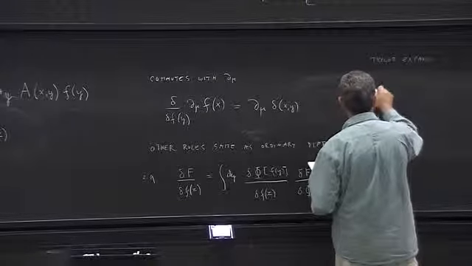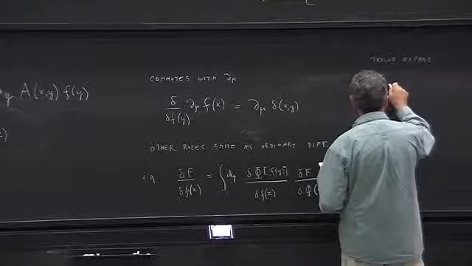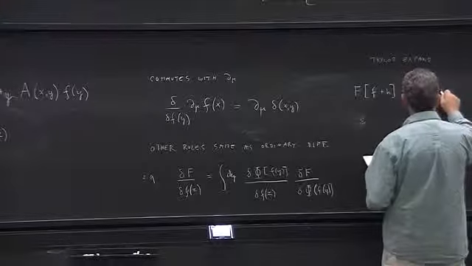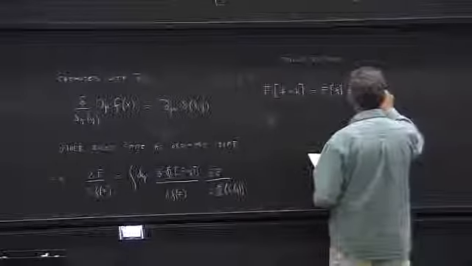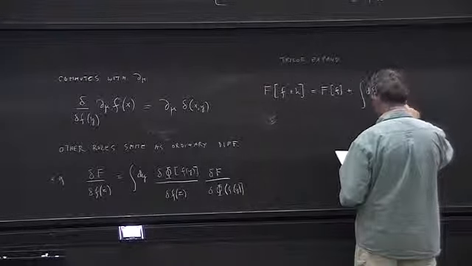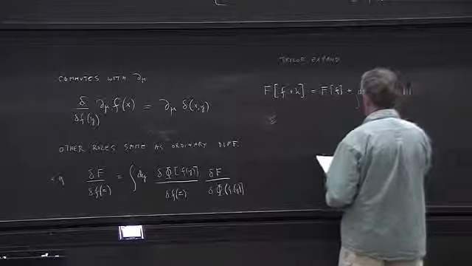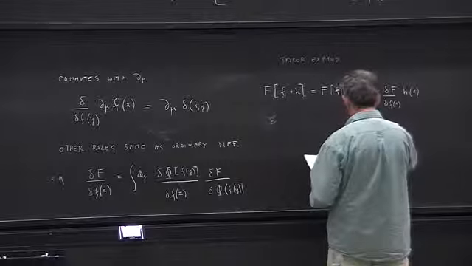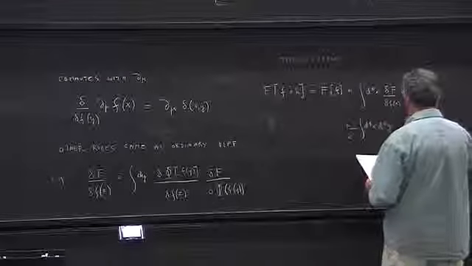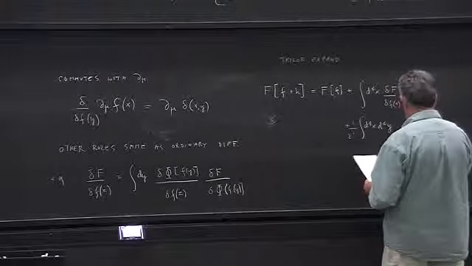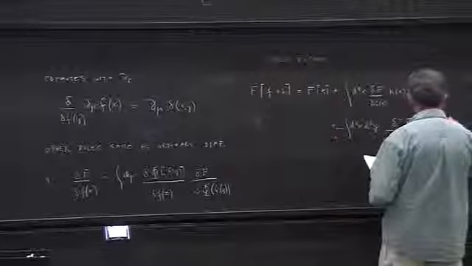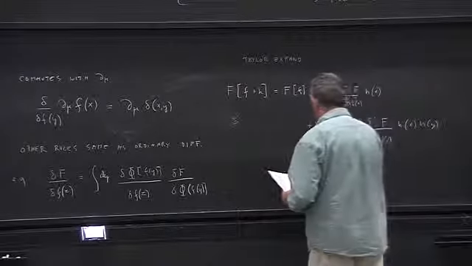So a function now of phi plus the small deviation h is F of phi plus the integral d4x delta F over delta phi of x times h of x, plus 1 over 2 factorial integral d4x integral d4y delta 2F over delta phi of x delta phi of y h of x h of y, plus dot dot dot.